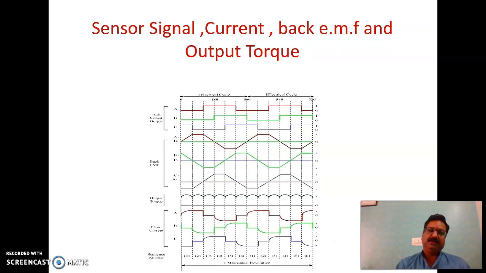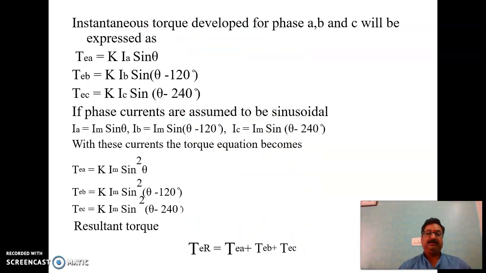This diagram gives you the Hall effect sensor output, current, back EMF and output torque. You can see that output torque is a resultant of torque developed by phase A, torque developed by phase B, torque developed by phase C, and so on. So the resultant torque is obtained due to phase A, phase B and phase C. We can find the instantaneous torque developed by all the three phases.